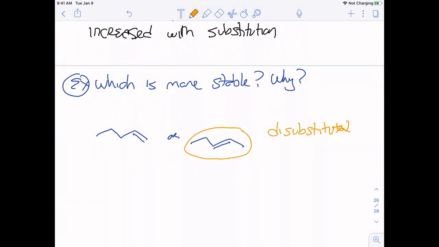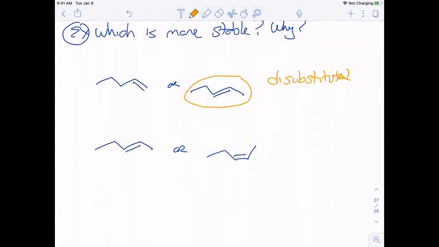So more R groups, it's going to be more stable. This one or this one. So I hope you're thinking this one. That one is our trans version. Steric strain, not us.